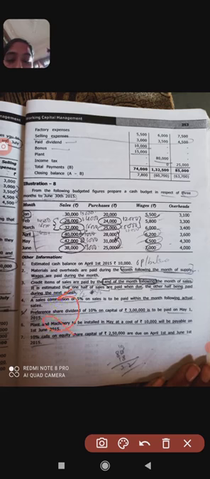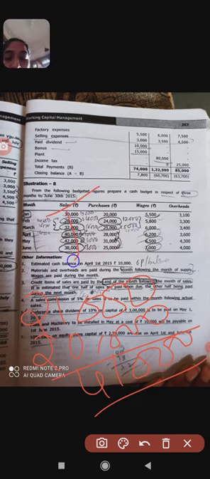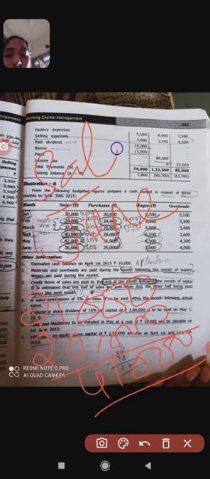Half of the May month, 42,000, is 21,000, and half of the April is 20,000. Overall it is 41,000 in the month of June. Okay, April, May, June. June sales are 41,000.